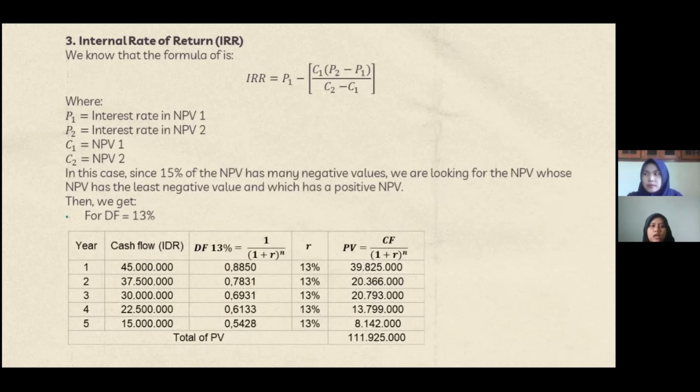Then for DF equal to 13%, the total of PV shown on the table is 111,925,000 rupiah.